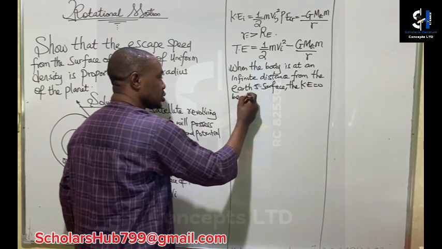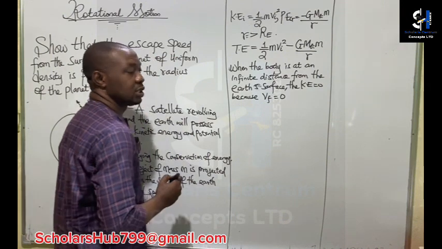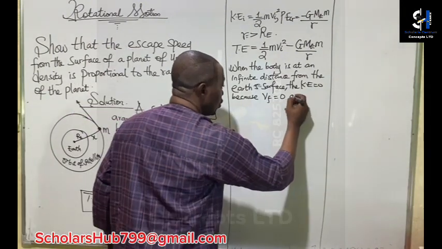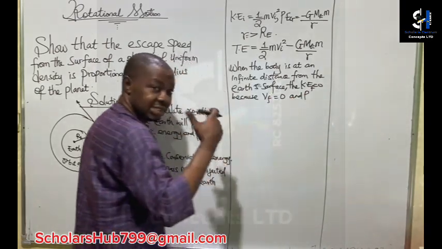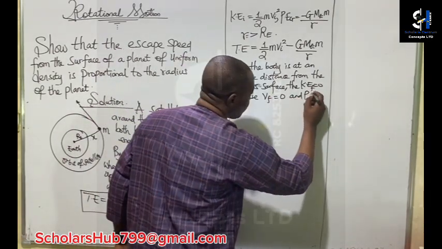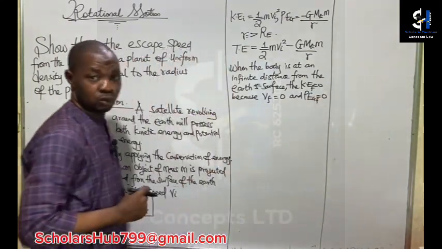That will be because the final velocity is 0. And the final gravitational potential energy will also be 0, okay?